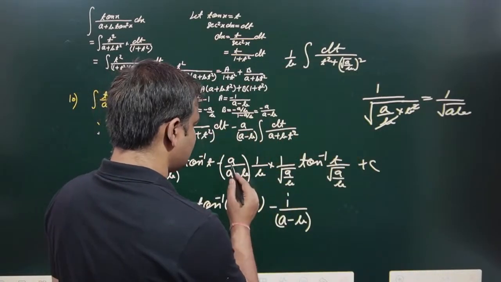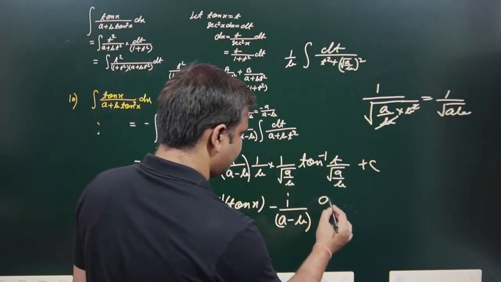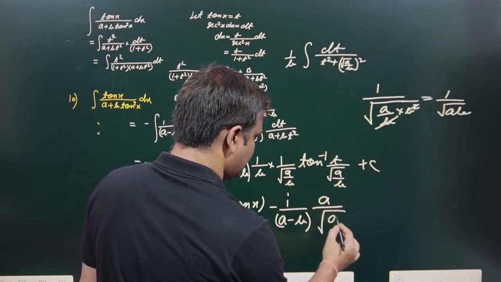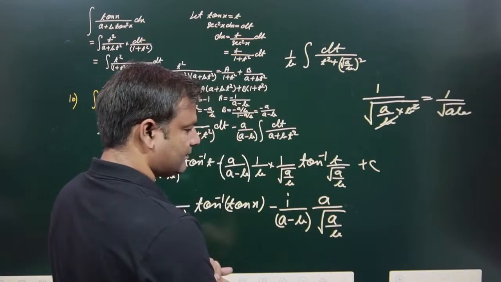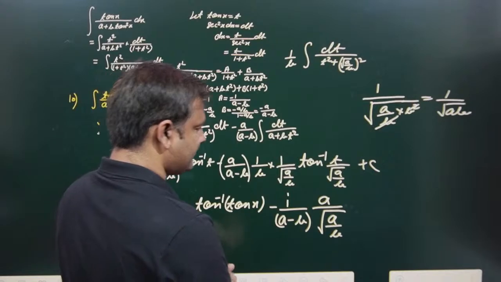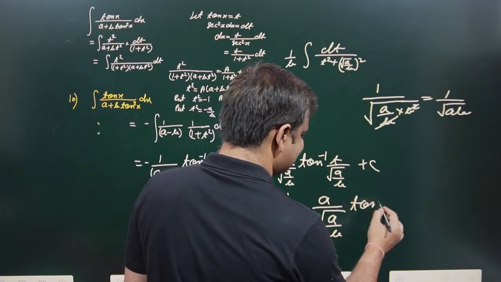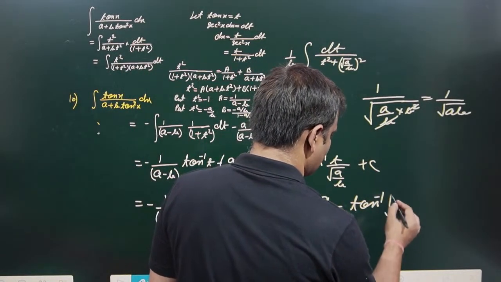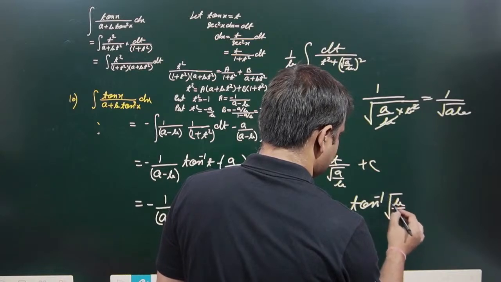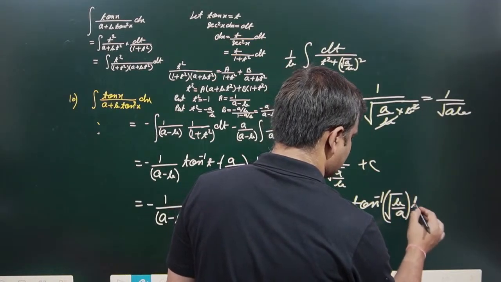So simply this one, a upon under root a by b, into tan inverse root b by a into t plus c.